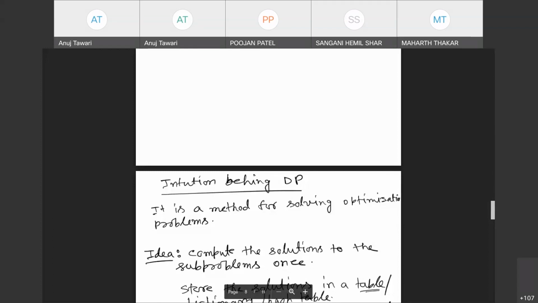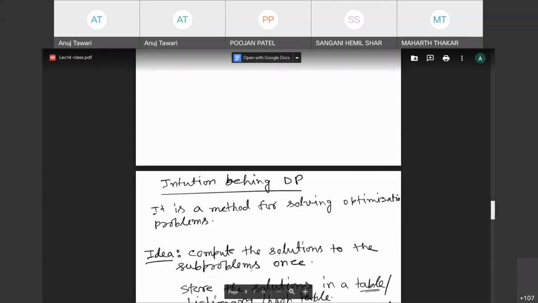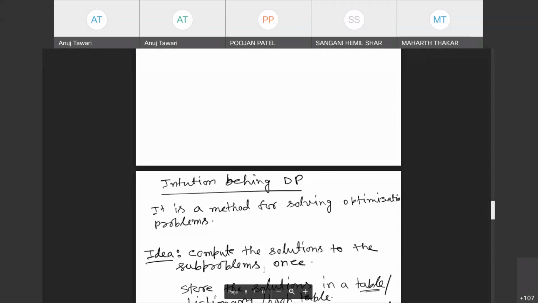There are certain problems that no matter how cleverly you divide and conquer or how cleverly you use your greedy strategy, you will always get exponential time algorithms. The main problem is that you need to compute the solution to certain subproblems many times, which is giving rise to these exponential time algorithms.